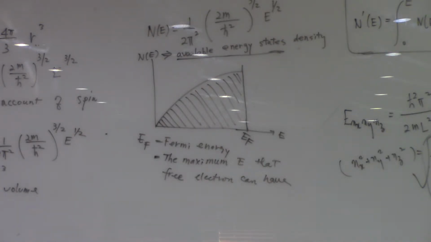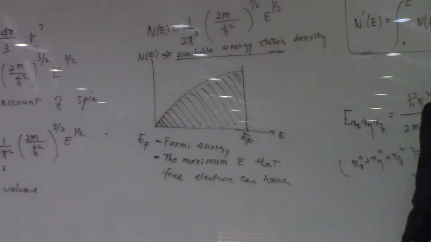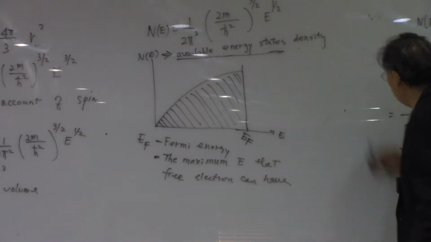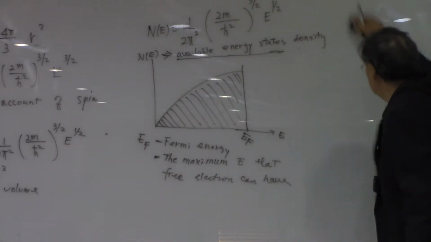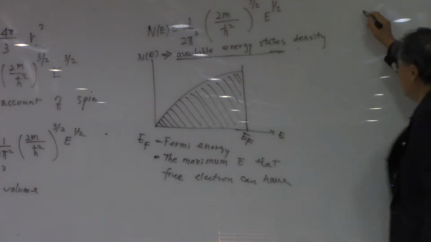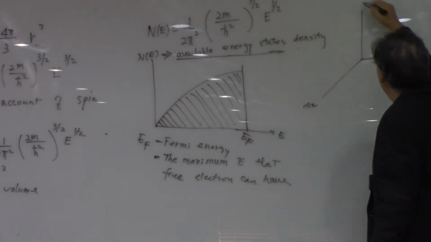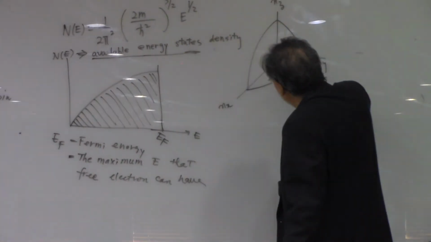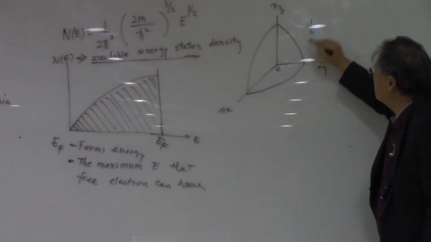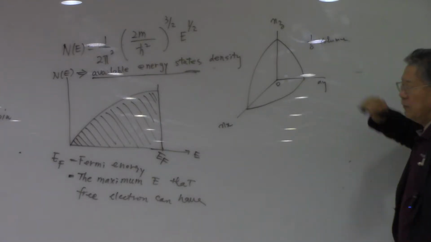Okay? At this point, let me give you the k-space. So far we have discussed mainly the n-space, okay? The n-space means the Cartesian coordinates nx, ny, nz, and then we talk about the one-eighth of this volume of a sphere.